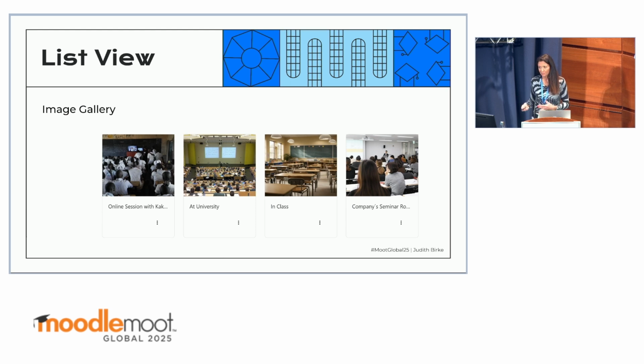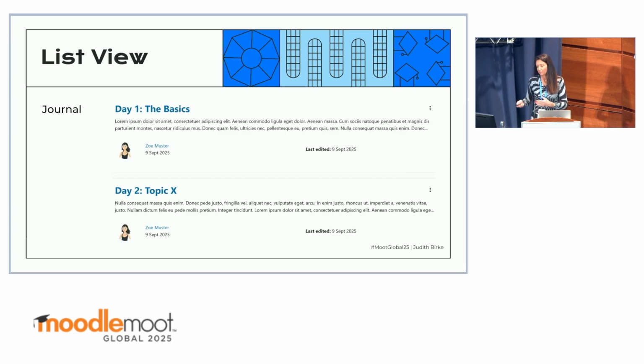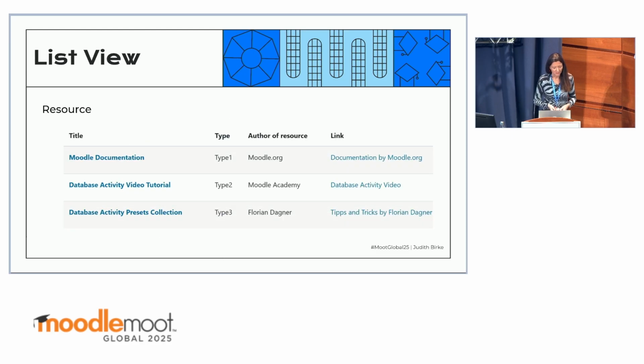This is the preset image gallery. If you use one of the others, like the journal, your result will look a bit more like a blog. If you use the resource preset, then the entries are listed in a table. These are all originals, just the information is from me, but they look exactly like this.